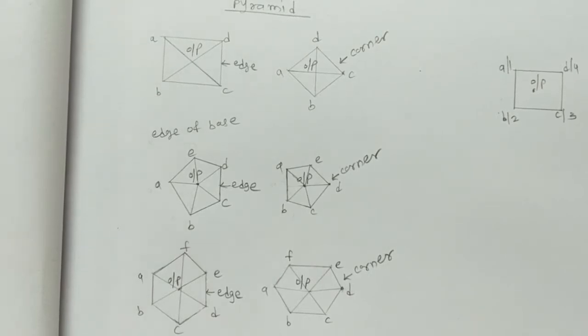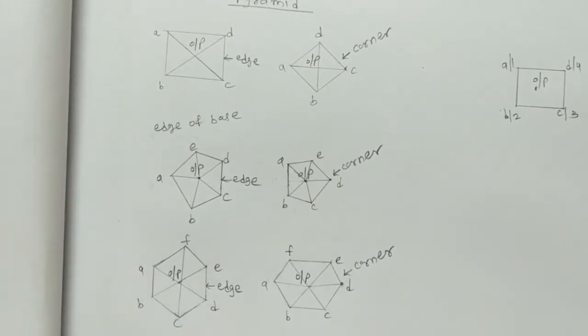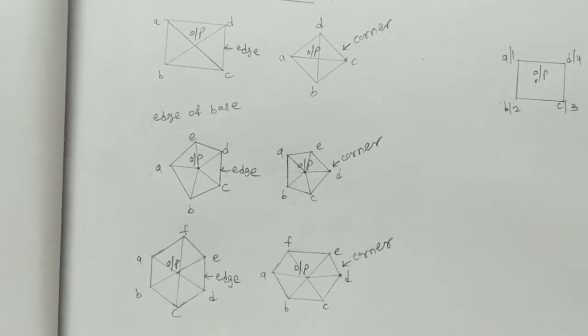Now remember, pyramid has only one base and slanted edges. Prism has two bases and straight edges. Then when cube is given in an example, cube is same as prism but all sides are same.